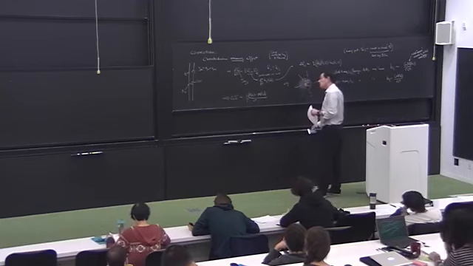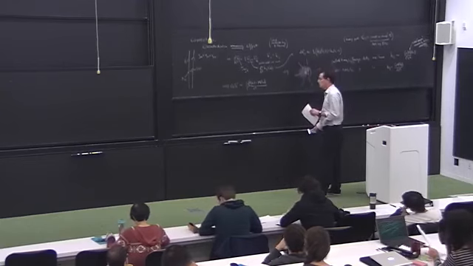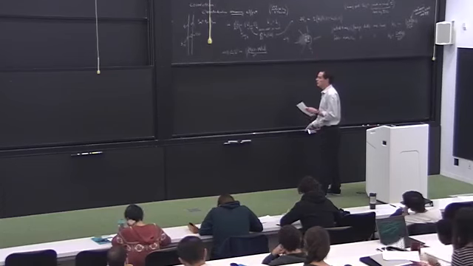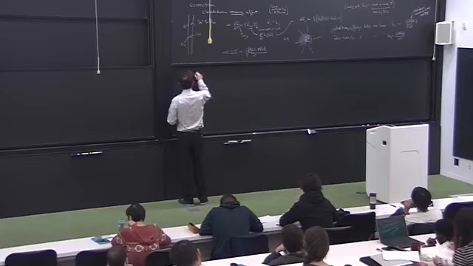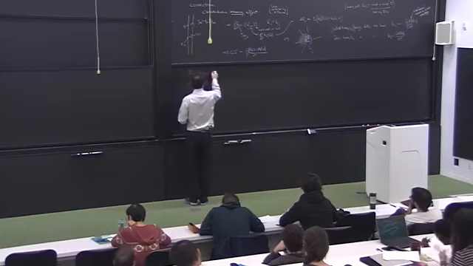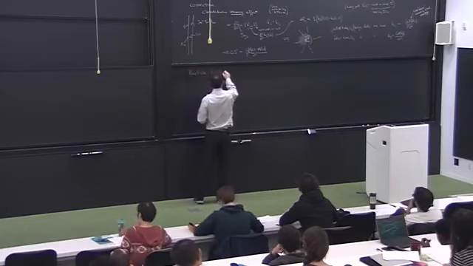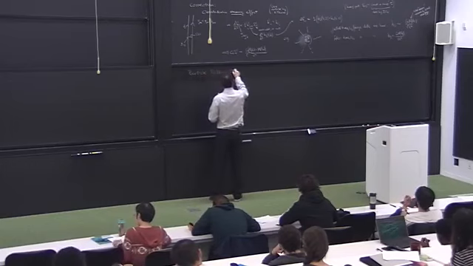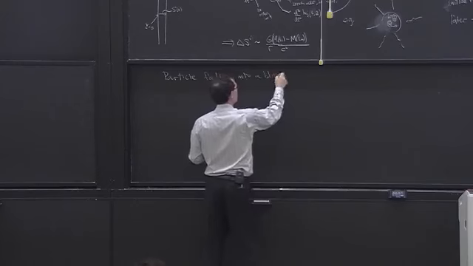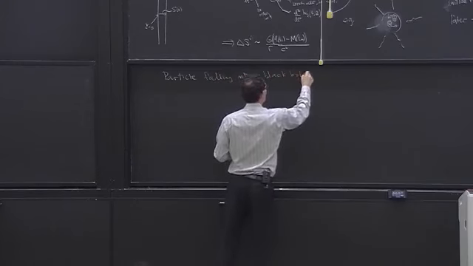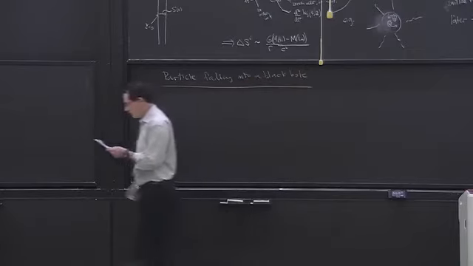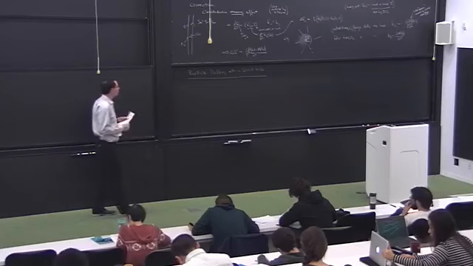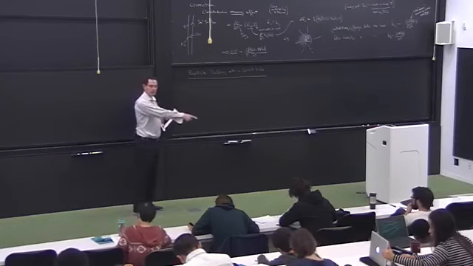Right, so I promised you we would fall into a black hole. So let's do that now. First of all, let's consider a massive particle, and we're going to pick a radial trajectory.